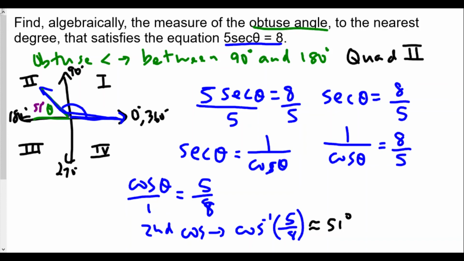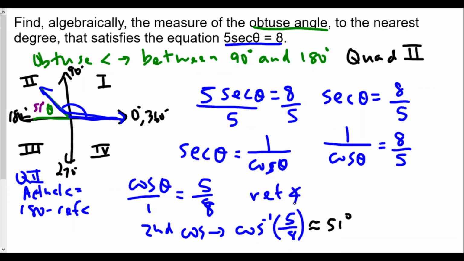In quad 2, the actual angle is equal to 180 minus the reference angle, and that's what this is. Our answer, the actual angle, will be 180 minus 51, which is equal to 129 degrees.